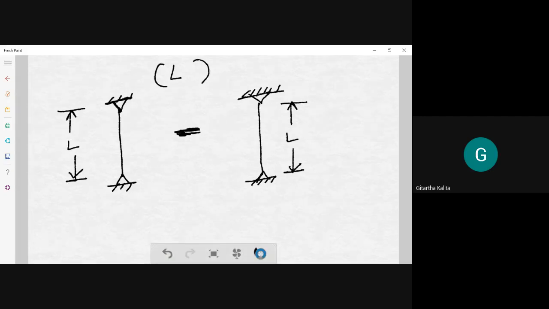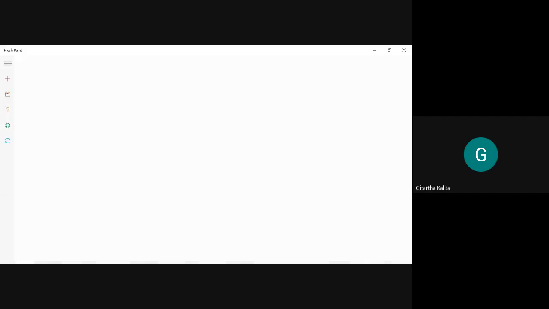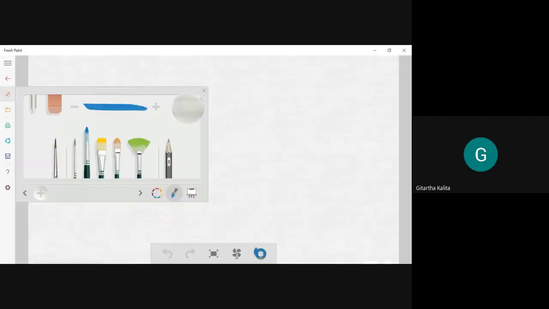Okay, now you see the second one, the fourth one in page number 45, the second one and fourth one. Second one, like you can see one end is sliding. One end is, you can see here, it's looking like this.